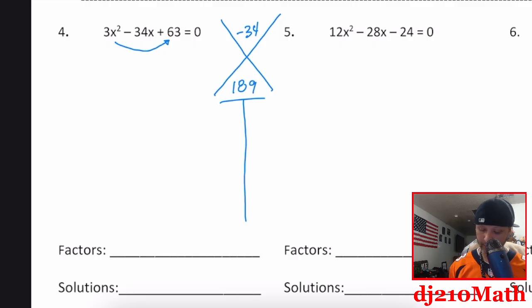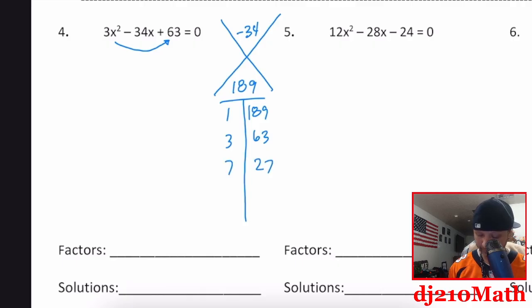All right, so we start going through using the calculator, right? 189 divided by every number. I know 1 and 189 is not going to work, right? 2 is not going to work. 3 times 63. How'd I get that? 189 divided by 3. 4 is not going to work because 2 didn't work. 5 is not going to work because the last number is a 9. 6 didn't work.